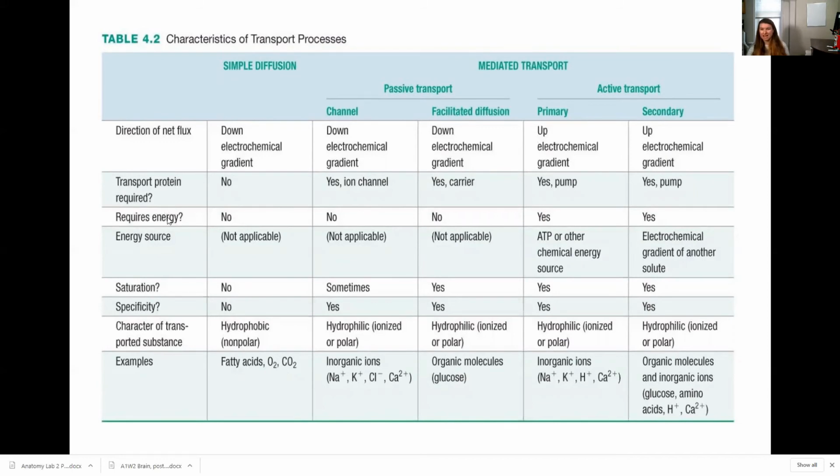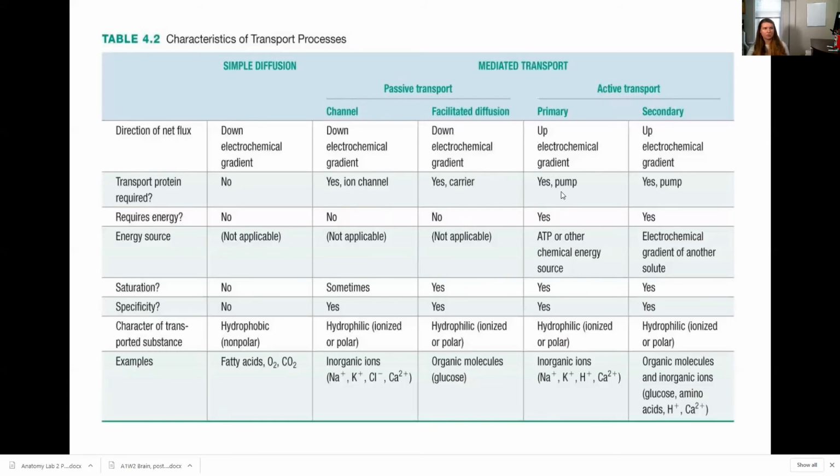It also tells us about what type of protein, if any, we're using for these different types of transport. So in simple diffusion, we're going directly across the membrane, so we don't have a protein at all. For our passive transport, we had either ion channels or carrier proteins for our two types of passive transport that aren't diffusion.